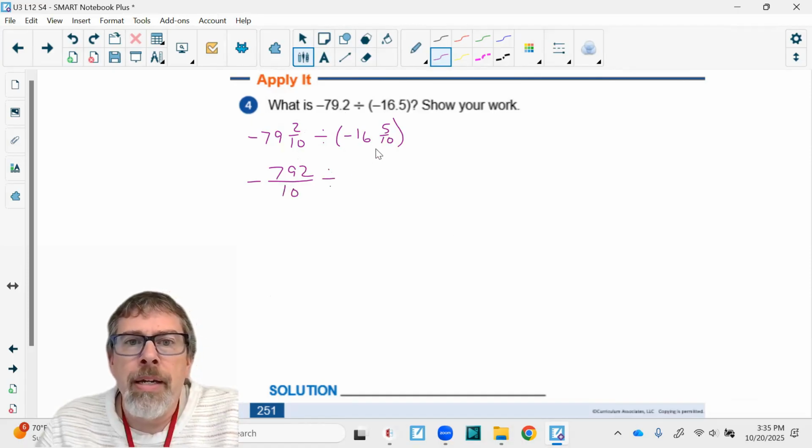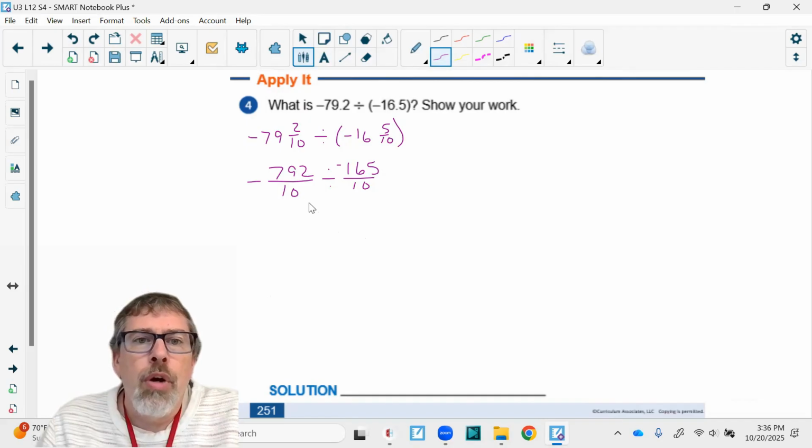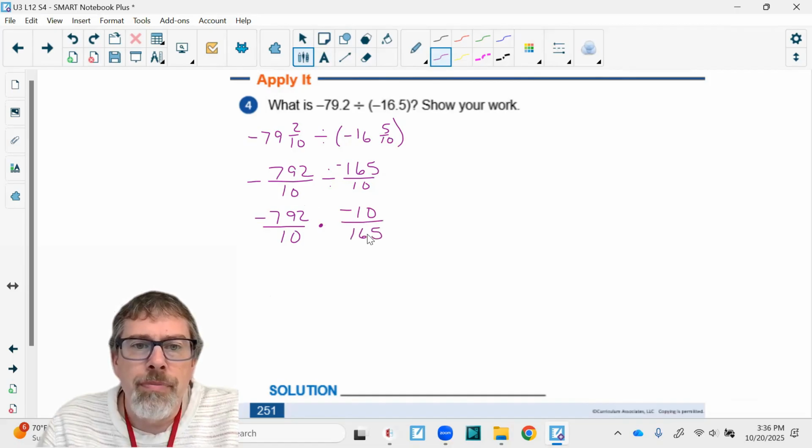I'm going to divide by 10 times 16, which is 160, plus 5, which is 165, over 10. Okay, and it's negative. So I'm then going to take negative 792 over 10, change the division to multiplication, and take the reciprocal. So now it's negative 10 over 165. Okay, the 10s are going to cancel, and I get 792 divided by 165.